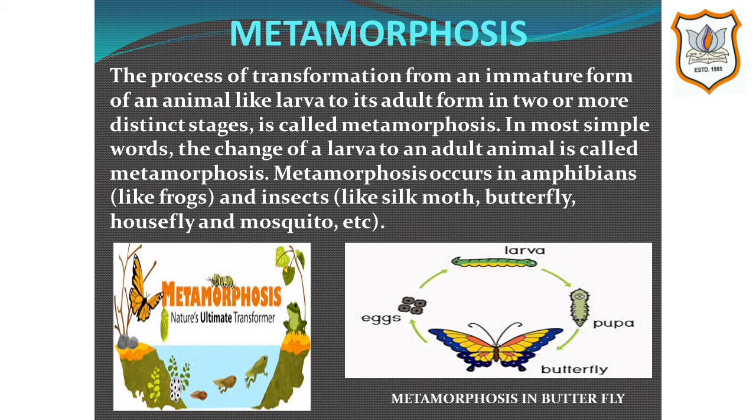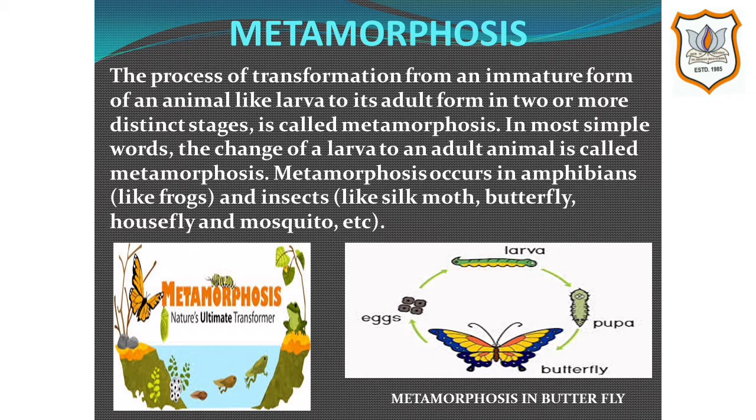The process of transformation from an immature form of an animal like larva to its adult form in two or more distinct stages is called metamorphosis. This is the definition of metamorphosis. In most simple words, the change of a larva to an adult animal is called metamorphosis.